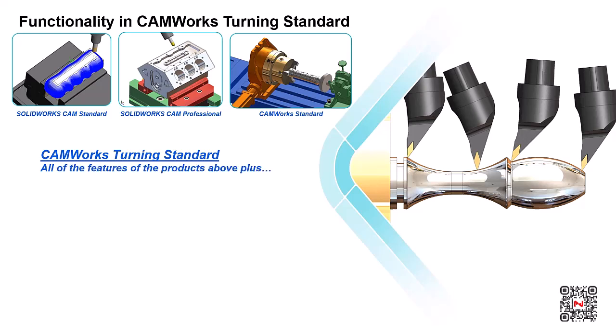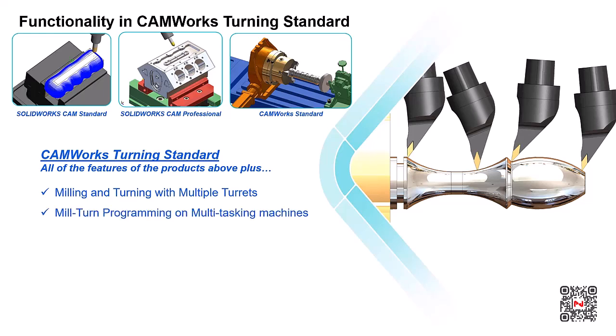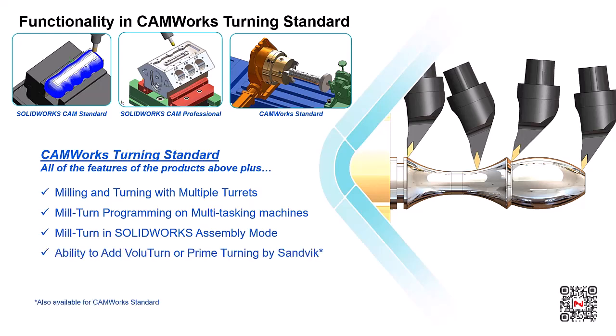CAMWORKS Turning Standard includes all of the functionality included in SOLIDWORKS CAM Standard and Professional, as well as the functionality included in CAMWORKS Standard, and it adds milling and turning with multiple turrets, mill turn programming on multitasking machines, mill turn in SOLIDWORKS assembly mode, and the ability to add voluturn or prime turning by Sandvik. So now, let's take a look at CAMWORKS Turning Standard in action.